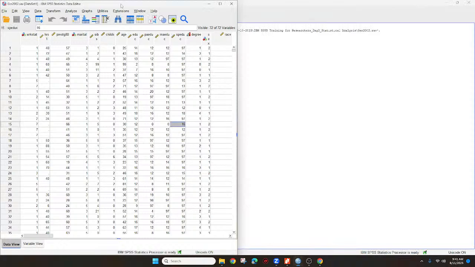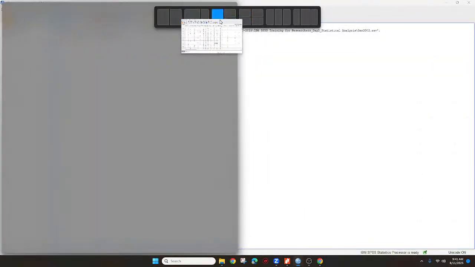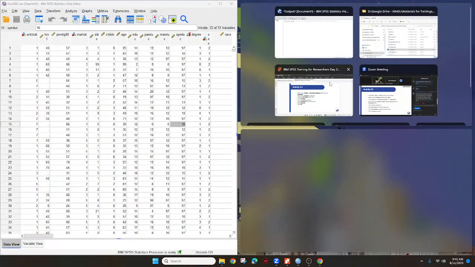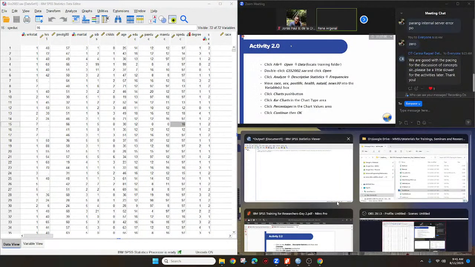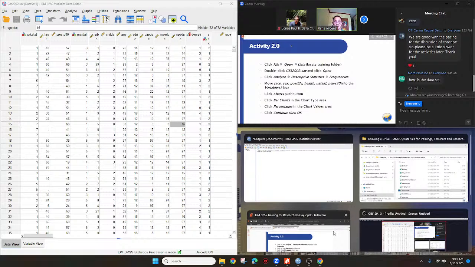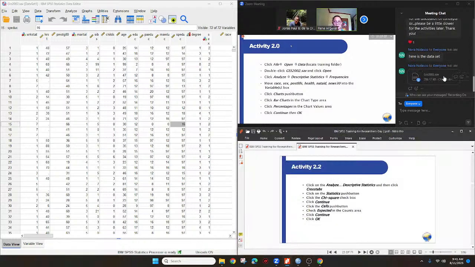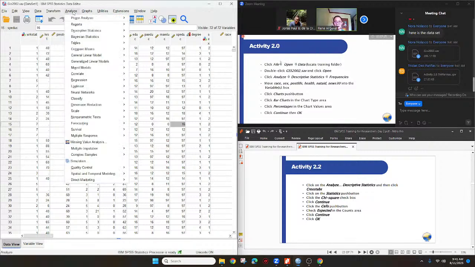GSS 2002. Thank you, Ma'am Karina. Please be a little bit slower for the activities later. Thank you, Ma'am Karina. Oh, activity 2, Ma'am, Sir Tristan.